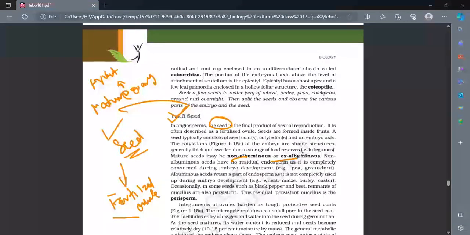On the other hand, take the examples of wheat, maize, barley, castor, the four examples that the book has given. What's happening in these seeds? As the zygote is getting converted to the embryo, the complete endosperm is not used. So there is some part of the endosperm which is still there in the mature seed.